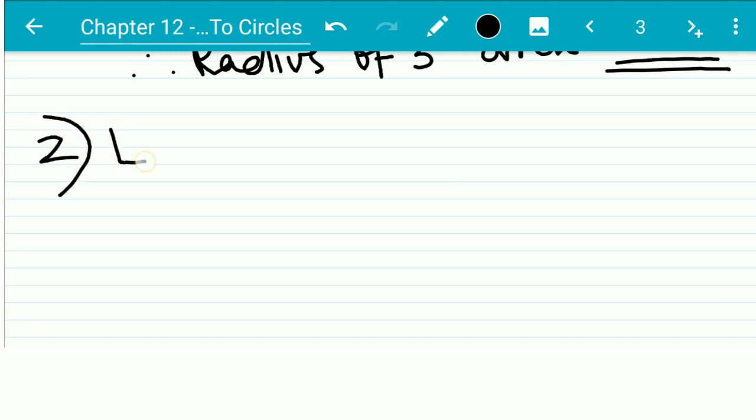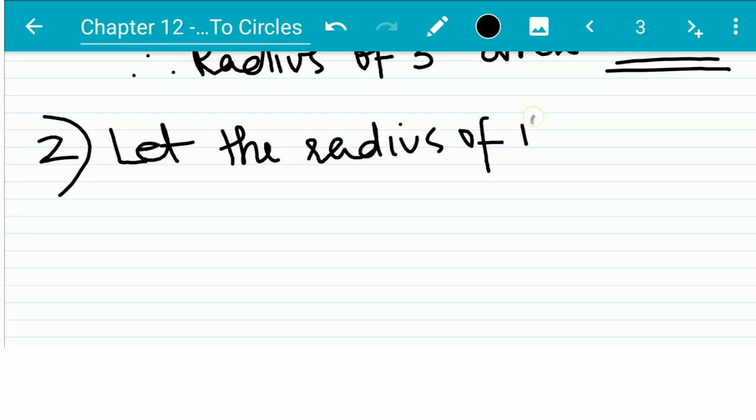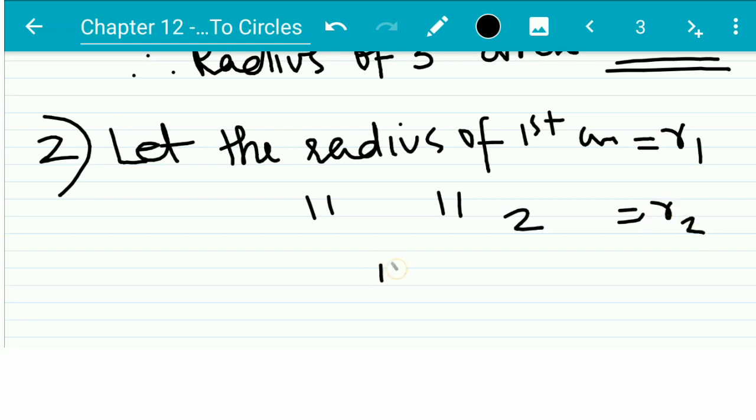Let the radius of first circle be r1. Radius of second circle r2. Radius of third circle r3. Write in the same way.